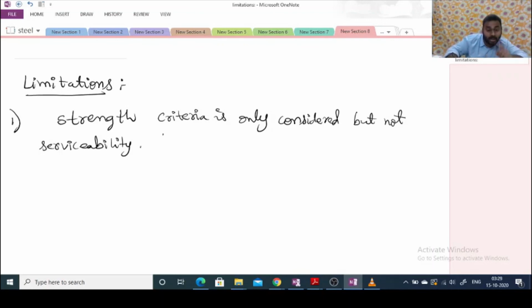Apart from this, here strength criteria is only considered but not serviceability.